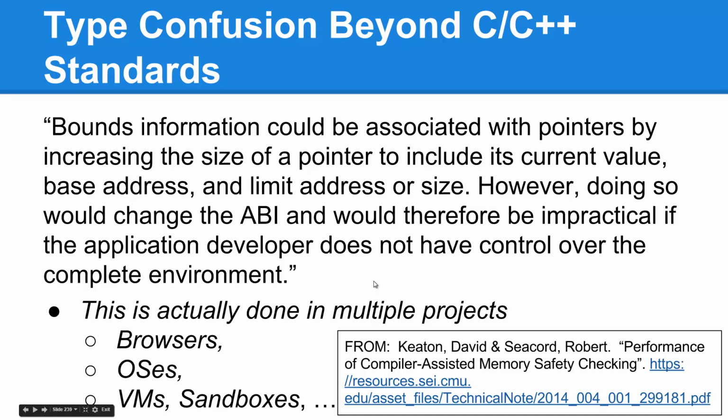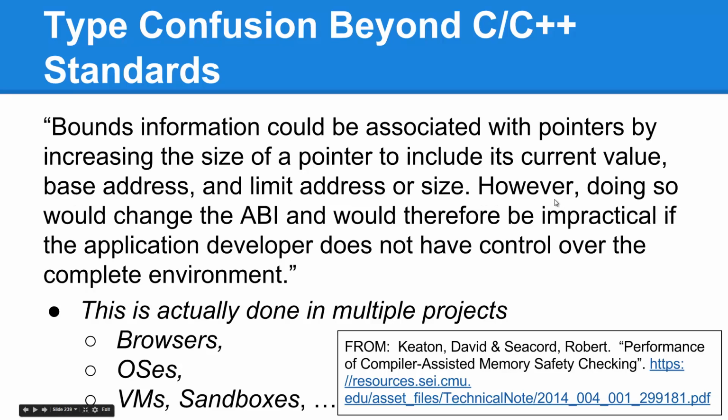So, there's been discussion on modifying the pointer type to allow metadata, so it could store within the pointer object bounds information, perhaps information about the base address, the limit address, or the size, and so on.